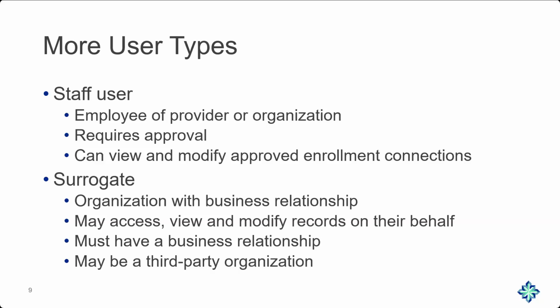Okay. Once you have that access, you are going to be able to view and modify approved enrollment connections. So you can see the enrollment records if you have to do a revalidation. You're going to be able to see the information you need to submit an initial application. You're going to be able to see reassignments on an organization. You can submit for changes. So once you're set up, there's quite a bit that you can do.